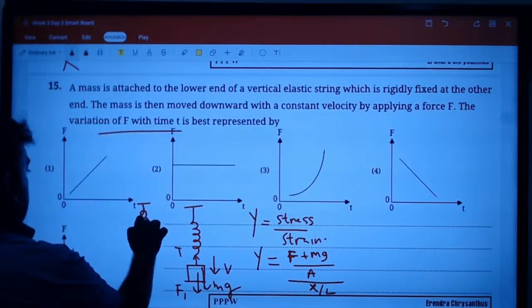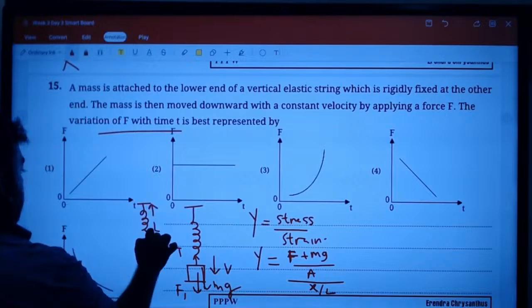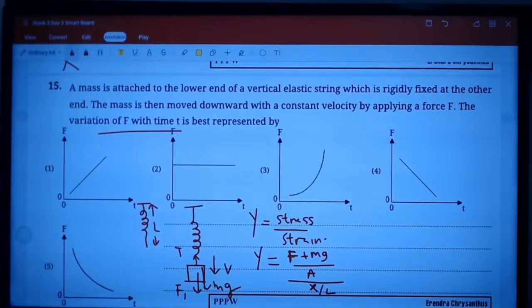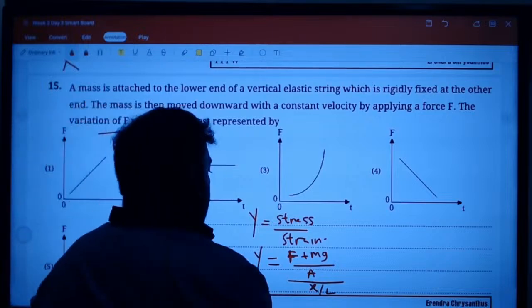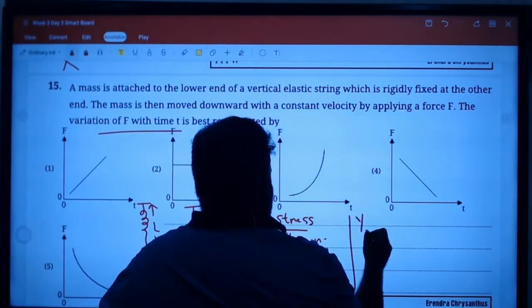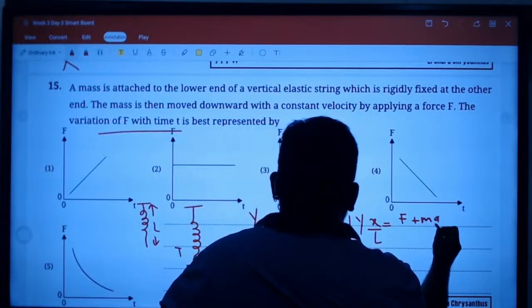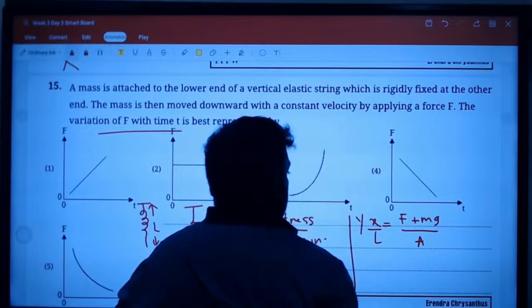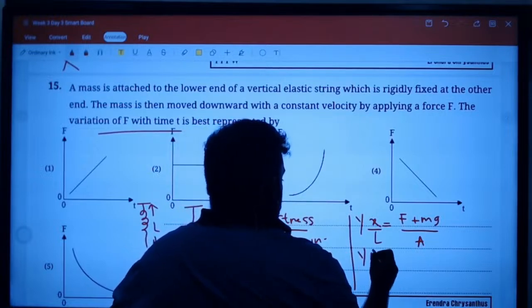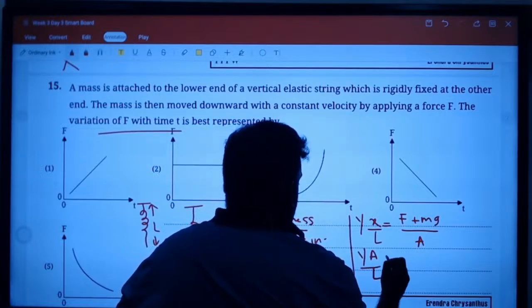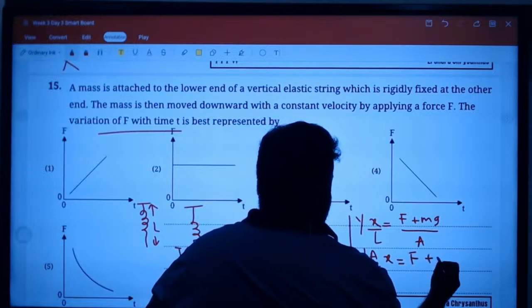Initial length is the unstretched length. Cross multiply. Young's modulus times x over L equals F plus mg divided by A. Young's modulus A x over L equals F plus mg.